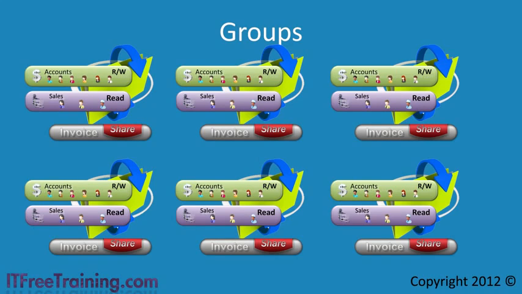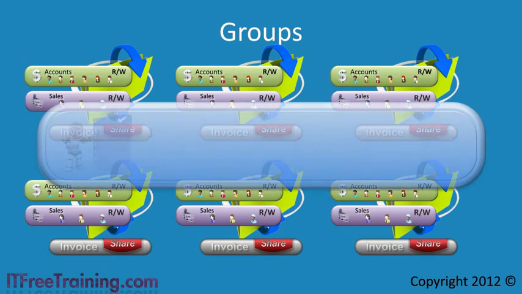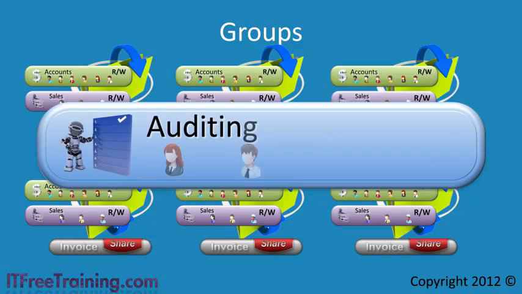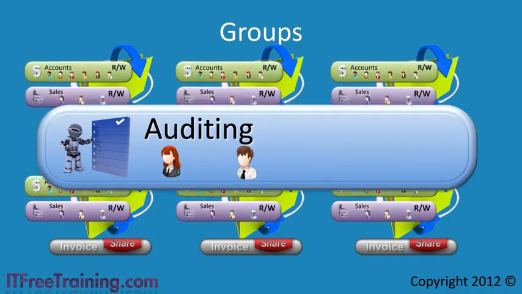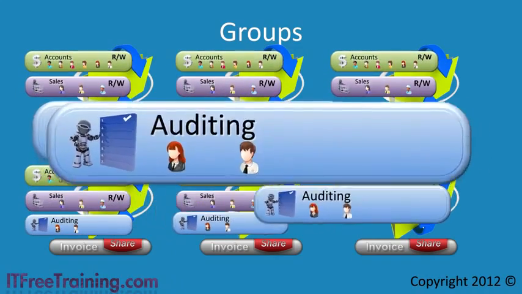Once again, each server needs to be visited again, and the permissions changed back to what they were. Just after this is done, a request comes through for a new auditing group that will require read access to the invoice shares. Once again, each share needs to be modified and the permissions updated.